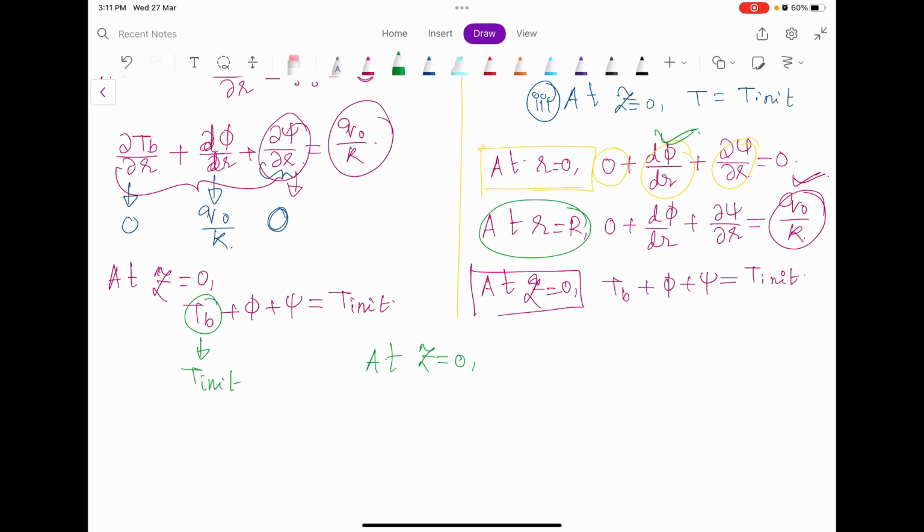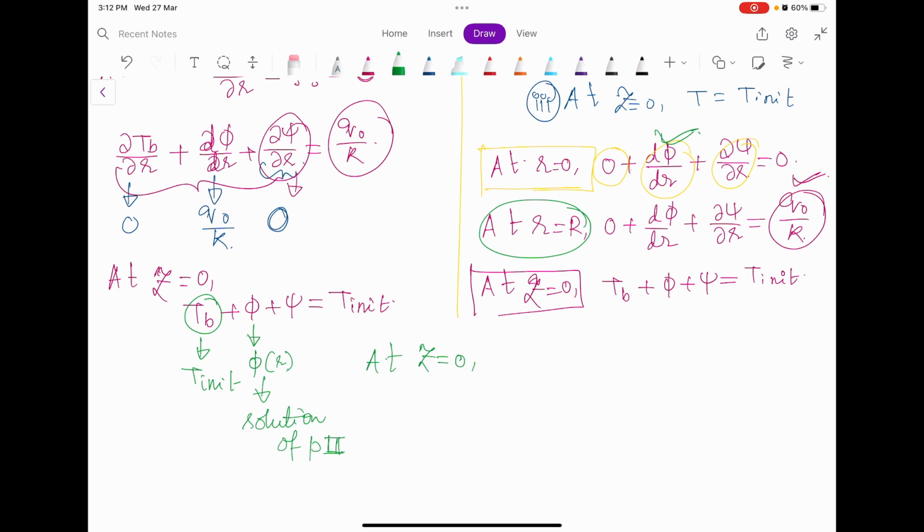So it will be only the solution of phi. Let me write it as phi of r. This is the solution of problem 2.